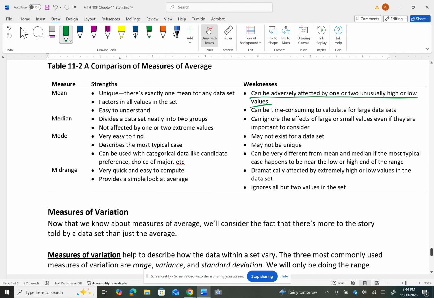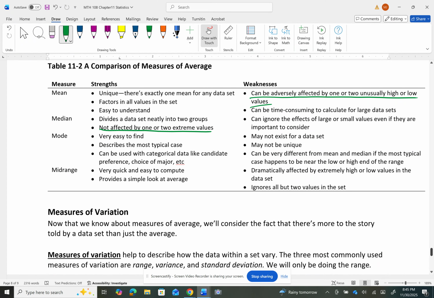The median is not affected by one or two, which is why we sometimes use it, or they use it to report things like salaries, the median salary, or the median housing price. But maybe it's important to consider the really low or the really high values, and it ignores those, okay? And then with mode and mid-range, you can see there what it has to say about that, okay?